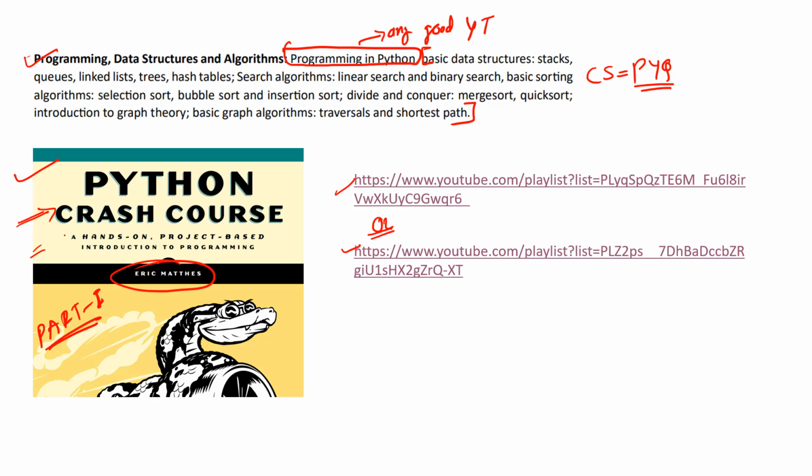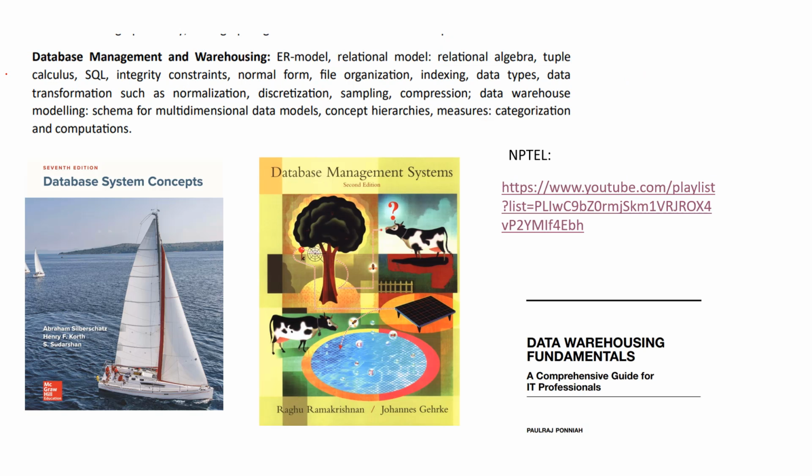Now, database management and warehousing part, right? Most of the topics are covered in DBMS. Still, I think data types and the normalization part, you can refer to these two reference books: Database System Concepts by Silberschatz and Korth, or Database Management Systems by Raghu Ramakrishnan. Both books are pretty good, but in Raghu Ramakrishnan's book, questions are given along with the solutions.